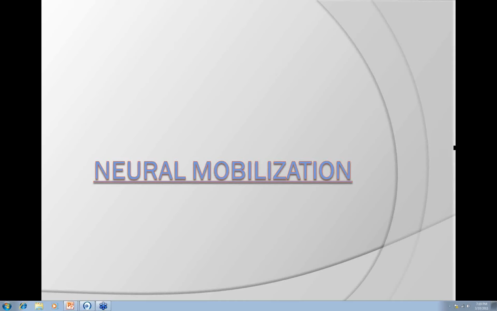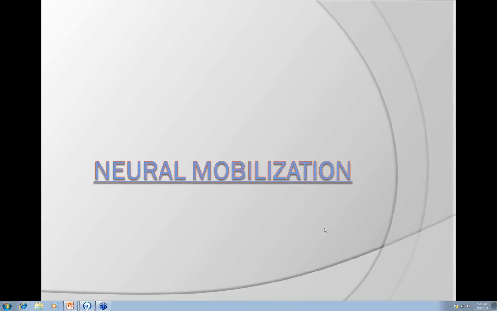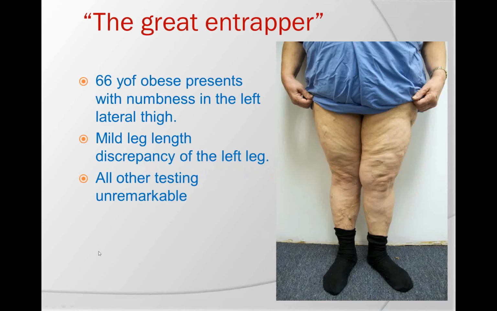What we see is that familiarity with neuromobilization techniques is a little less compared to some of the more soft tissue techniques like trigger point therapy or muscle energy technique. Only 27% of the people are utilizing neuromobilization, 36% do not, and 36% also do not but would like to learn more about it. So let's discuss a few principles of neural mobilization utilizing a clinical case.